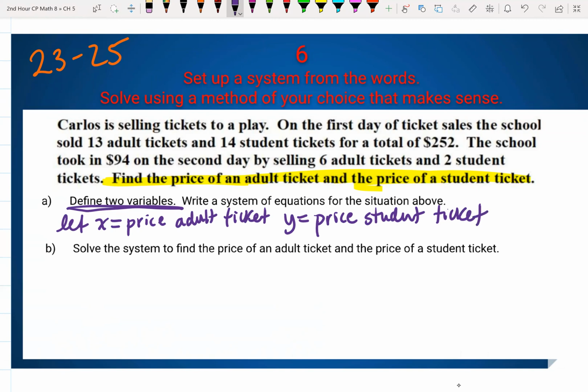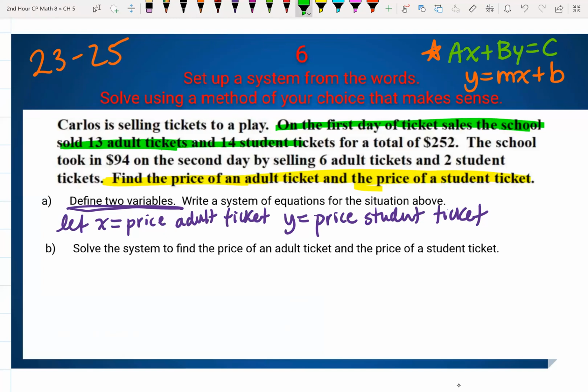Now let's go back and read this story again. Remember, as you're reading, you're on the lookout for maybe an equation that could be written in standard form or an equation that could be written in slope-intercept form. This one's pretty common, so let's be on the lookout for that. Carlos is selling tickets to a play. On the first day, ticket sales sold 13 adult tickets, 14 student tickets, totaling $252.